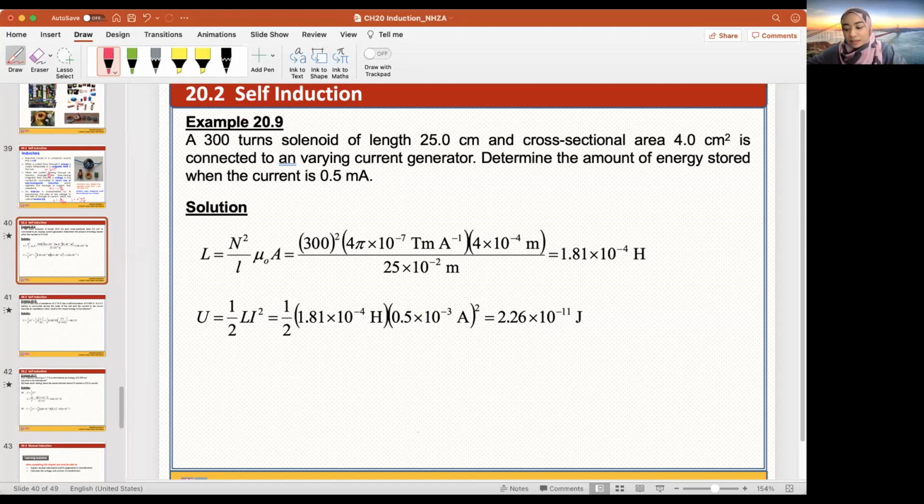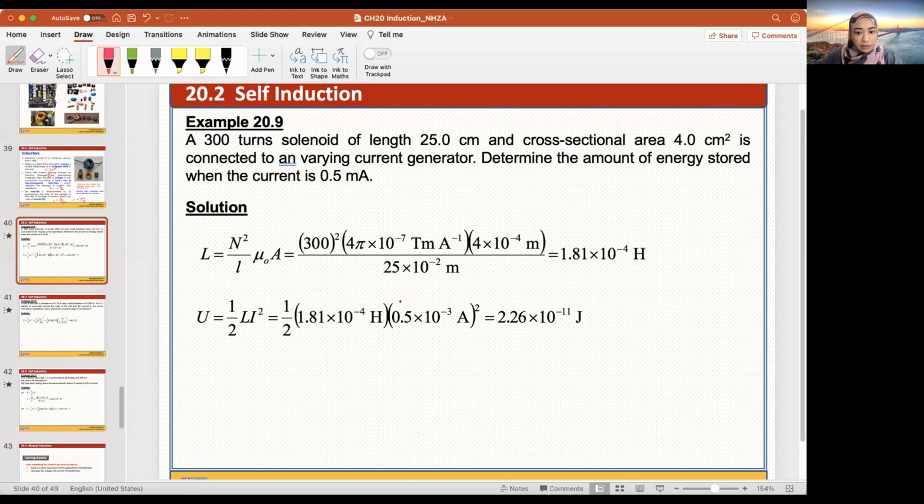Let's say hujan turun and ada matahari, you get a rainbow. So this rainbow is your self-induced EMF. Dia product daripada self-inductance. Self-induced EMF is an outcome from self-inductance. Induced current is an outcome from self-inductance. It's a phenomenon, self-inductance ni.